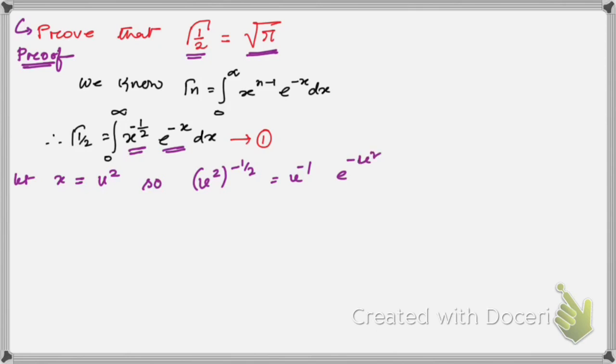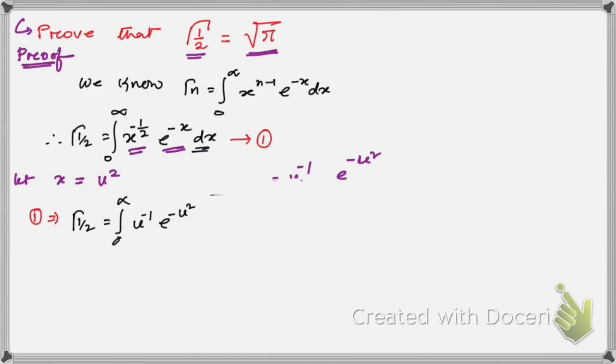So then this equation number 1 becomes like this. This equation number 1 implies that gamma half is integration 0 to infinity, where x will be replaced by u to the power minus 1 and e to the power minus u square, and dx will be replaced by, let me show you.